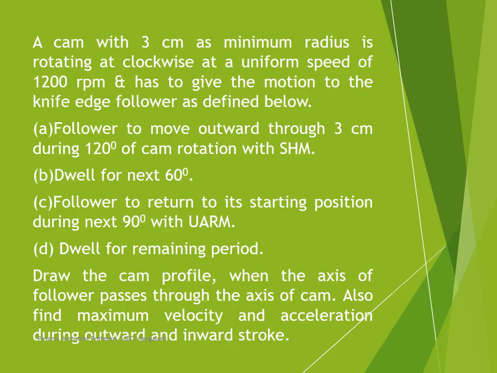Follower to return to its starting position during next 90 degree with UARM. Dwell for remaining period. So draw the cam profile when the axis of the follower passes through the axis of the cam. Also find maximum velocity and acceleration during the outward and inward stroke.